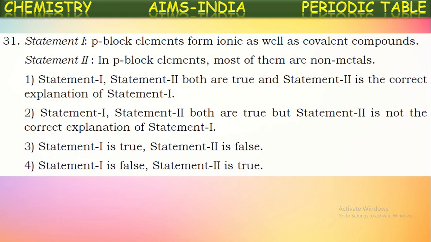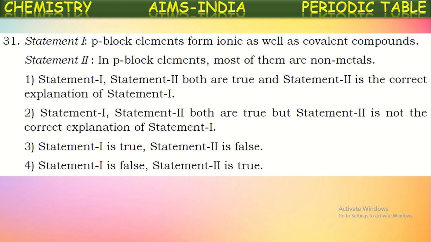See the next question. P block elements form ionic as well as covalent bonds. Yes, P block elements can form both ionic as well as covalent compounds. Second statement, P block elements, most of them are non-metals. Yes, because mostly they are non-metals, they can form both ionic as well as covalent bonds.